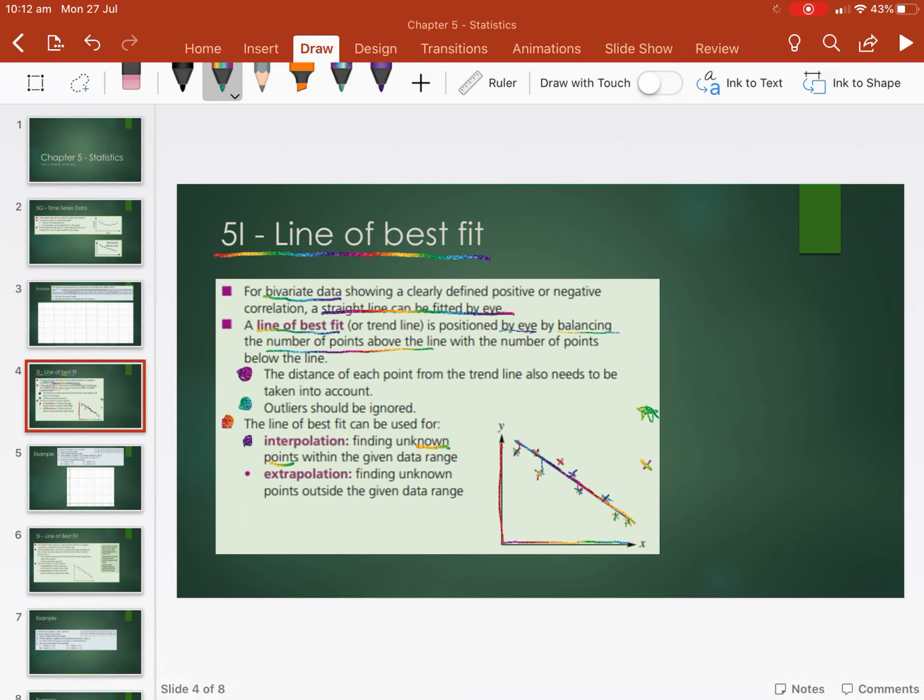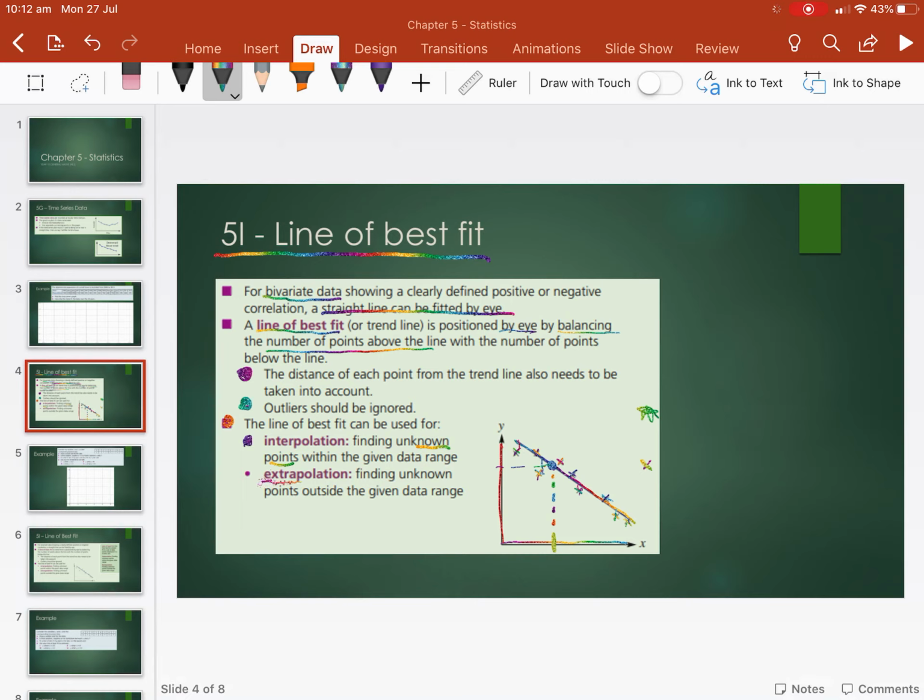So we might want to know, well, what about when x equals whatever number this is, what does y equal? So what we can do is go up to our line of best fit. Well, it's probably there. This is all approximate, which means that can tell us what our y value is. Okay.